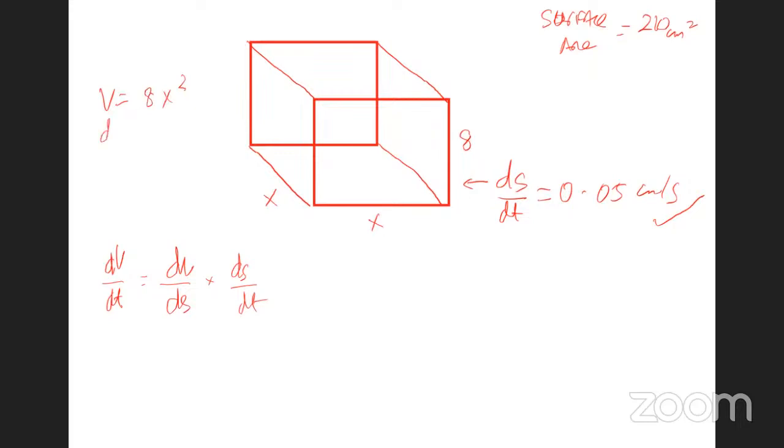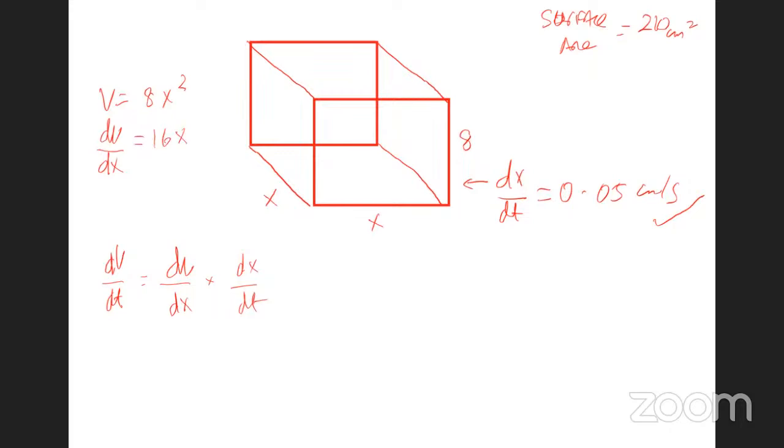So therefore dV/dx, actually, I shouldn't really be using s, I should be using their variable, x. They said the side is x. Okay. So dV/dx is 16x. So we know dx/dt, we have to find dV/dx.